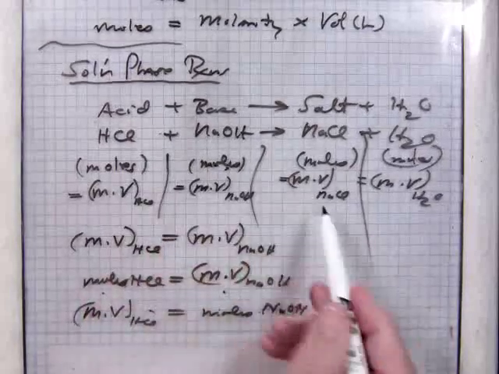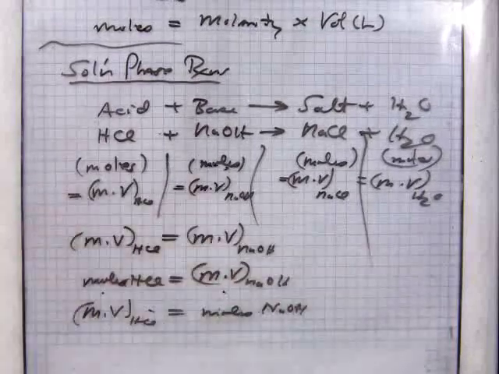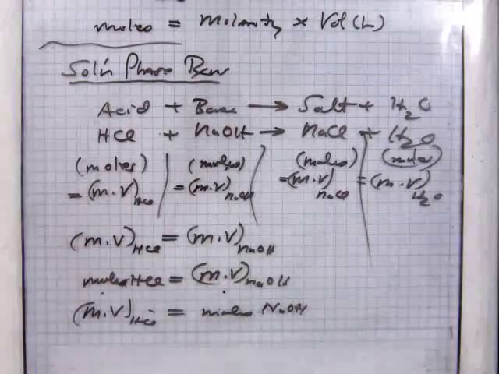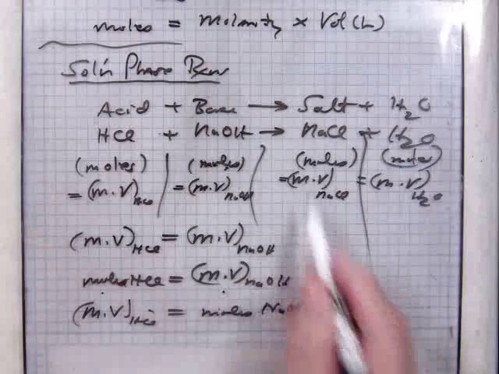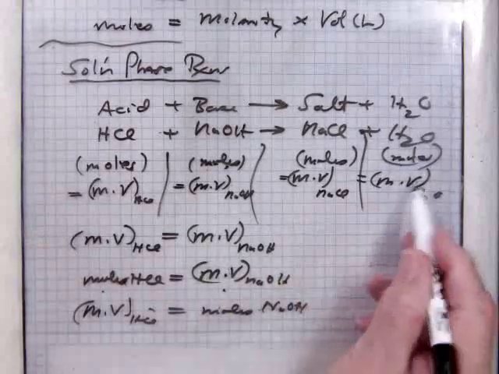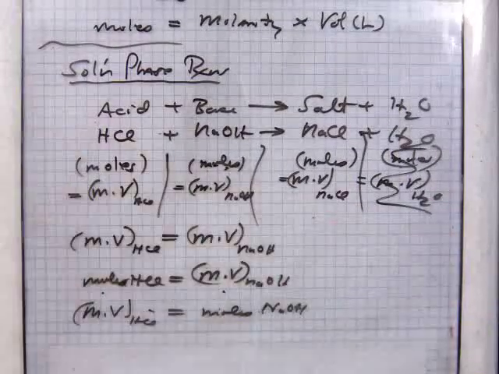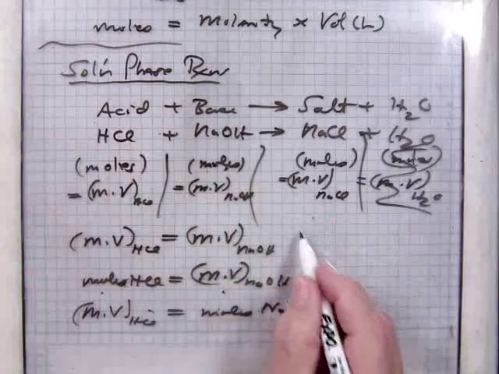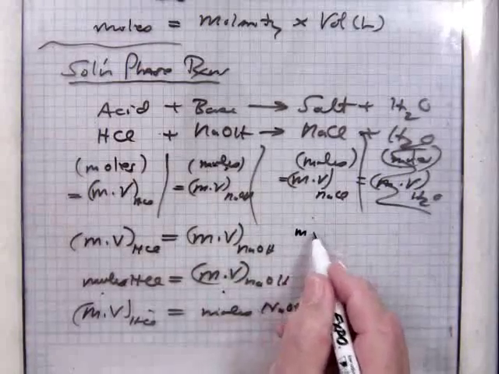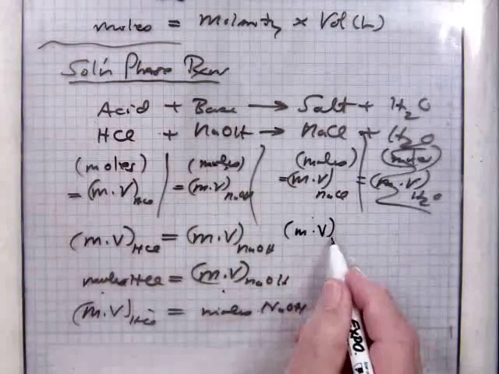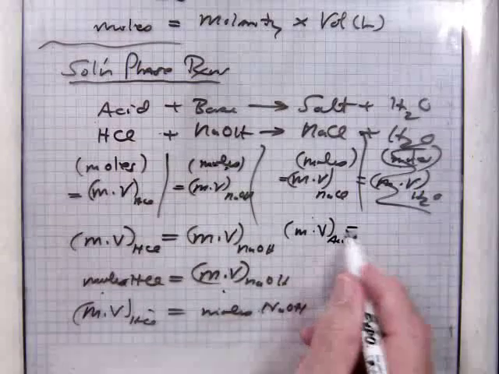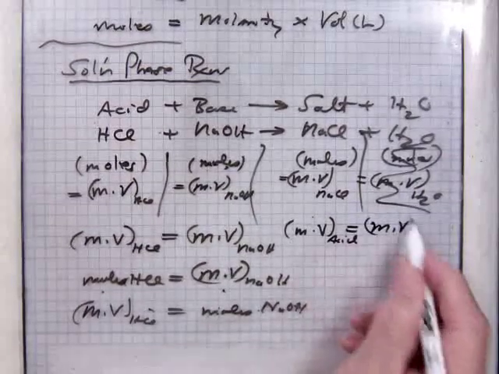Now, some of them will deal with salts over here. Say, how much salt based on data given in acids? Well, you have the same issue. Don't worry about water. It's either going to be acid, base, or salt on a problem. So you have molarity times volume of the acid equals molarity times volume of the salt.